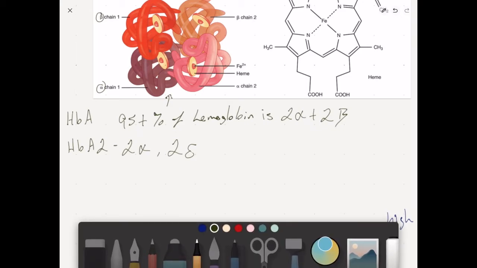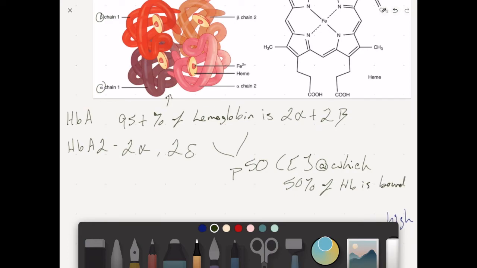But both of these together share very similar affinities for oxygen. Their P50, which is the concentration at which 50% of hemoglobin is bound.